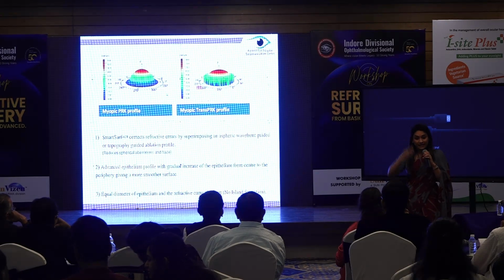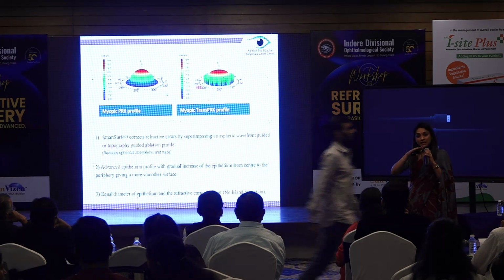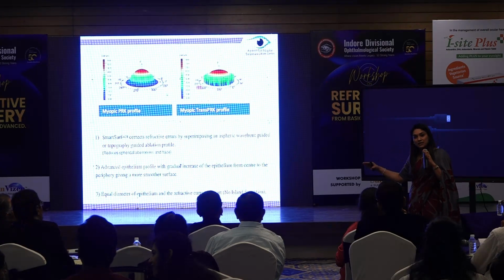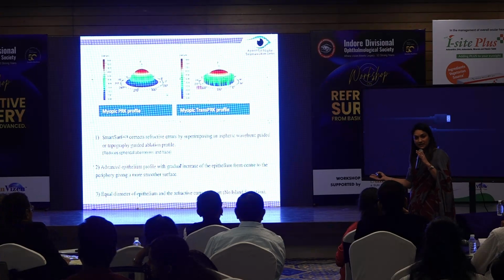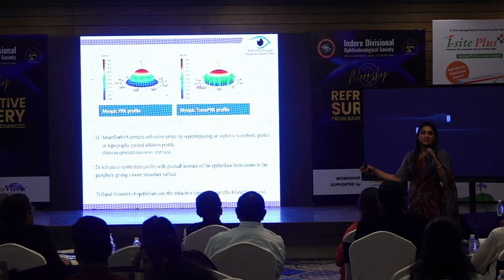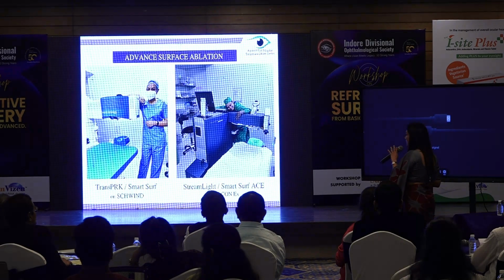So there was a crater which was created. Unlike that, in advanced surface ablation, the epithelial profiling as well as the stromal profiling goes gradually from the center to the periphery. It is gradual, and that is the reason there is no island formation. And for the same reason, the epithelial remodelization is much better and gives us a faster effect, a wow effect.